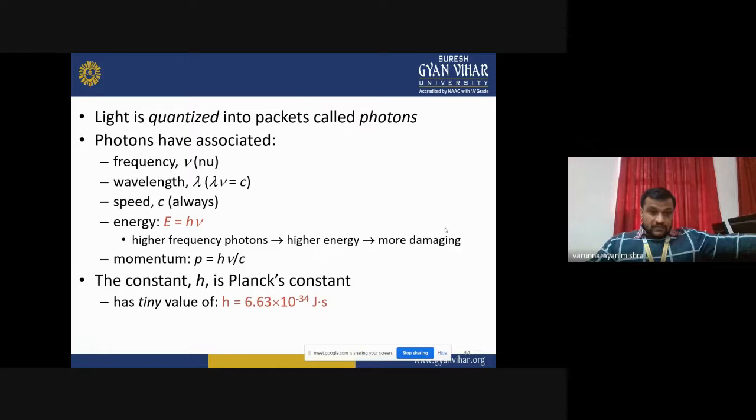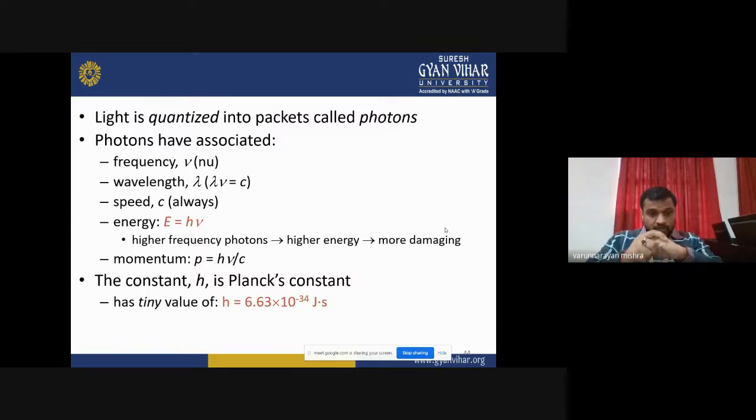It has a certain frequency and a certain wavelength. Frequency is denoted by the symbol nu, the wavelength is lambda, and its speed is always the speed of light. The energy of the photon is calculated by the equation E = h nu.